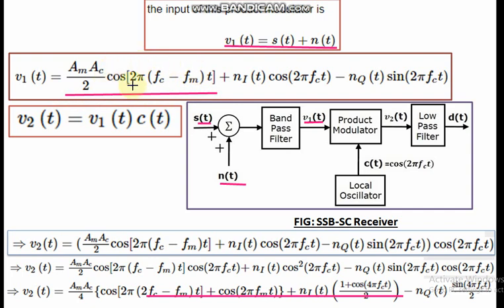Plus, in place of n(t), as I explained earlier, the noise signal is the sum of the in-phase component with the carrier frequency as well as the quadrature phase component of the carrier frequency present in the noise signal.